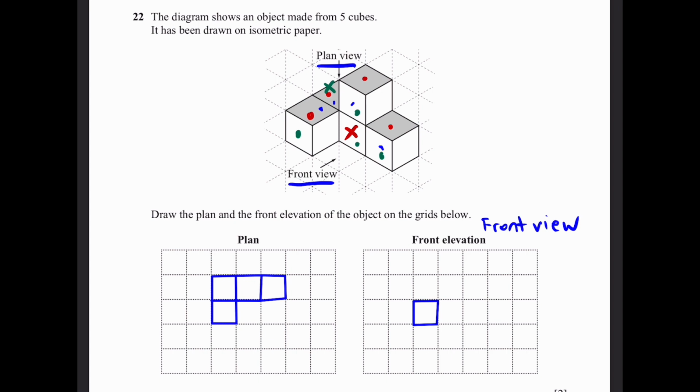Now let's draw the two middle cubes. This is how you draw them. And then let's draw the last right cube. So this is how you draw the front elevation.